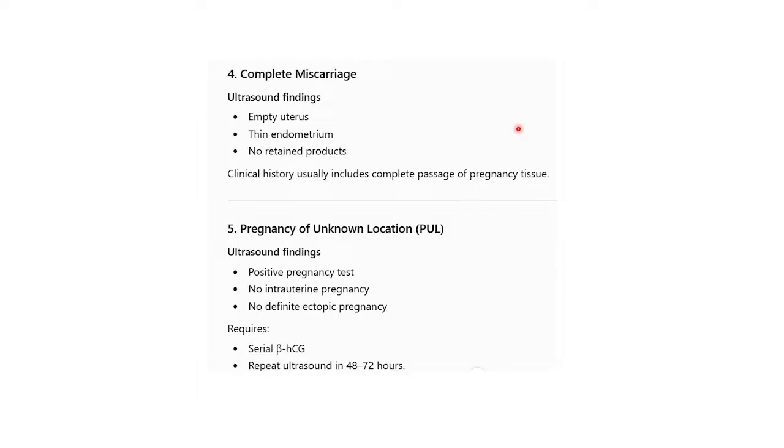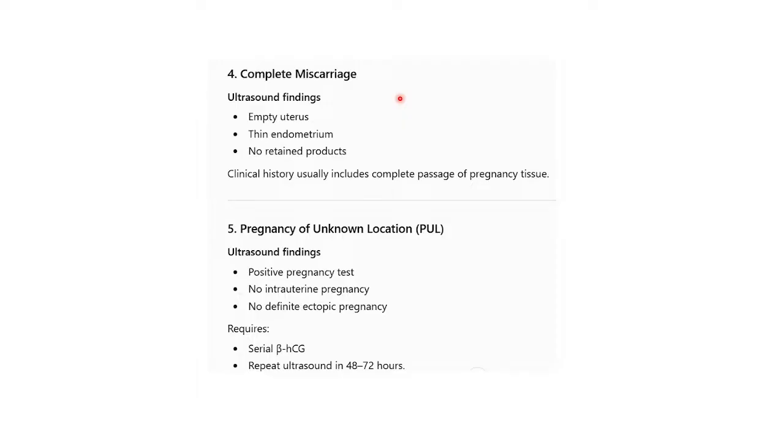So complete miscarriage. Ultrasound findings: an empty uterus, thin endometrium without retained products of conception. So there should not be any. Don't just call everything a miscarriage before there's a confirmation that someone was pregnant before. Someone might just bleed because of other causes. It could be fibroids, it could be arteriovenous malformations, it could be polyps, it could be hormonal imbalances, it could be anything.